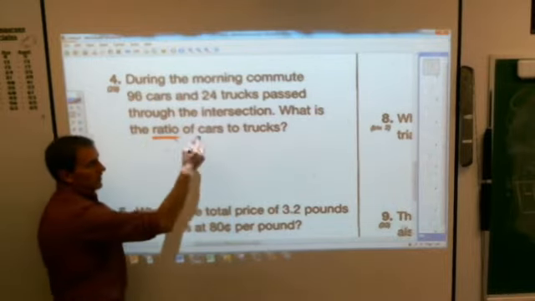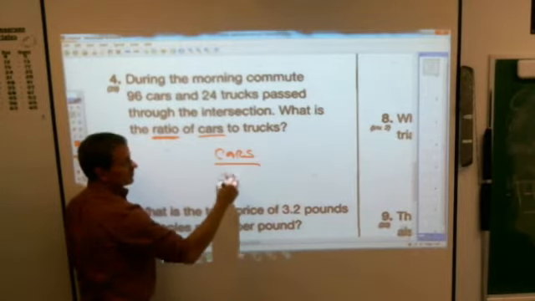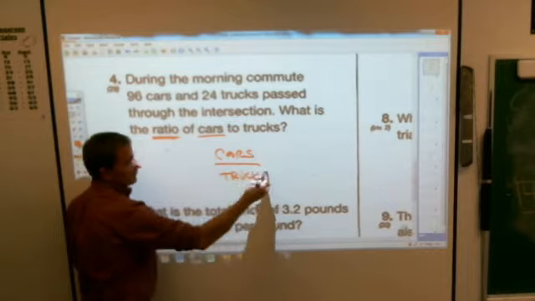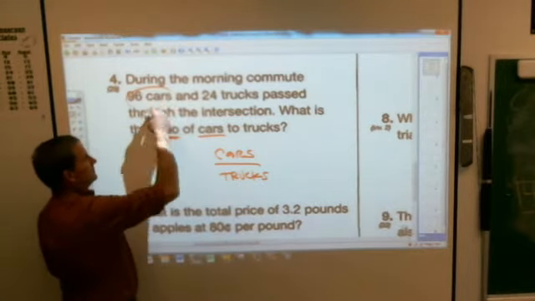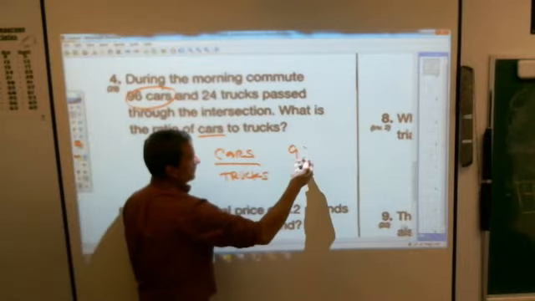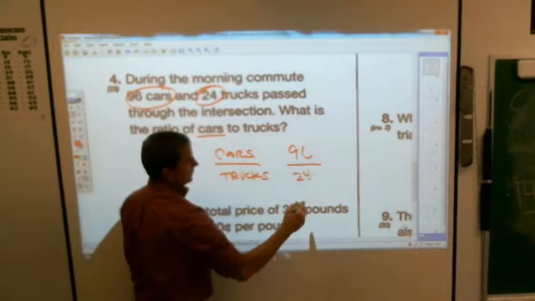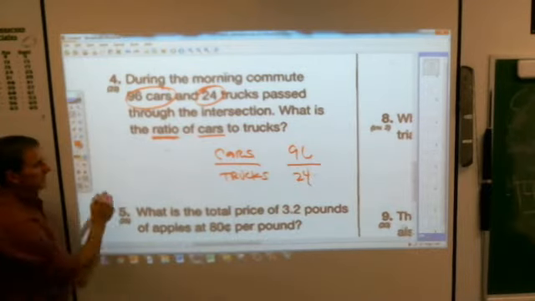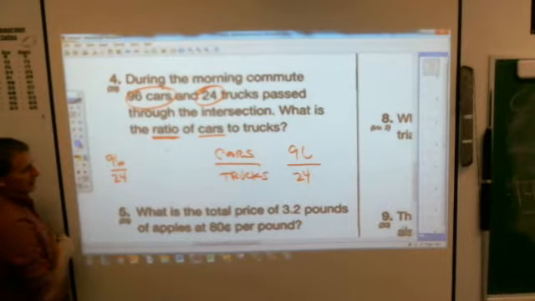And the ratio is cars, which is the first one given, over trucks, which is the second one given. Does it tell you how many cars and how many trucks? 96 cars over 24 trucks. There is your ratio. It just needs to be reduced. And remember, we leave it as improper as long as it's reduced. However you want to reduce it is fine with me.